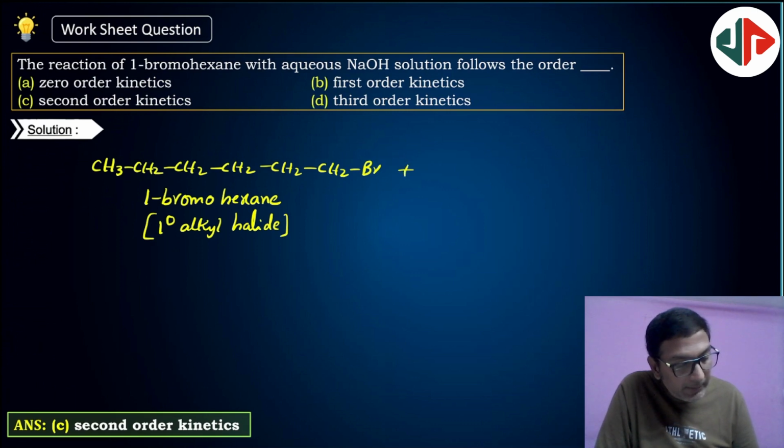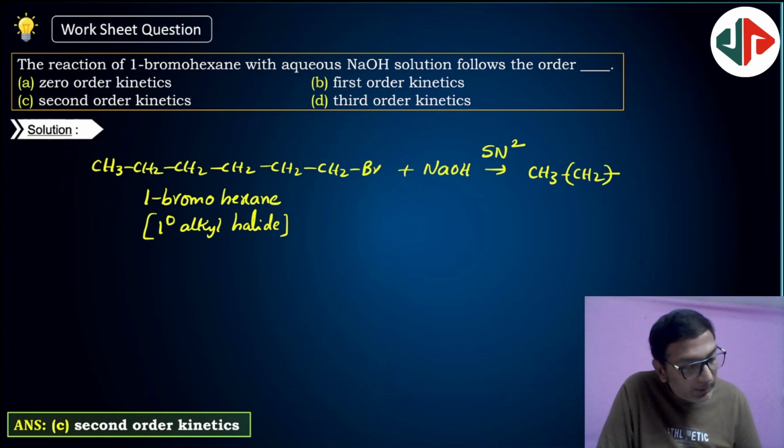With aqueous NaOH it undergoes SN2 mechanism. It gives CH3, CH2, totally 5 times, OH, the corresponding alcohol.